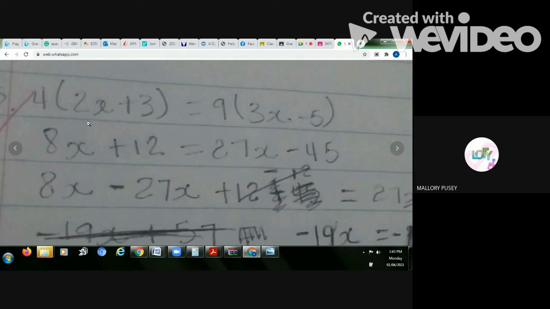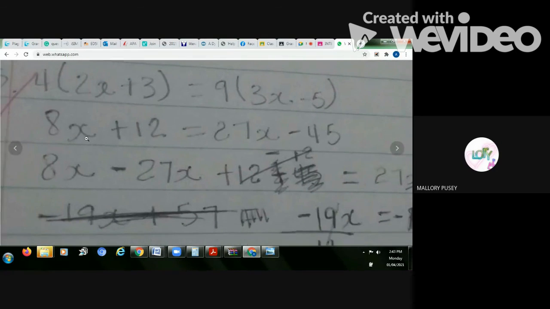At first, I had 8x minus 27x plus 12 plus 45. And then when I did it on the other side, when I reached the negative 19x, I didn't have anything on the right side to divide.